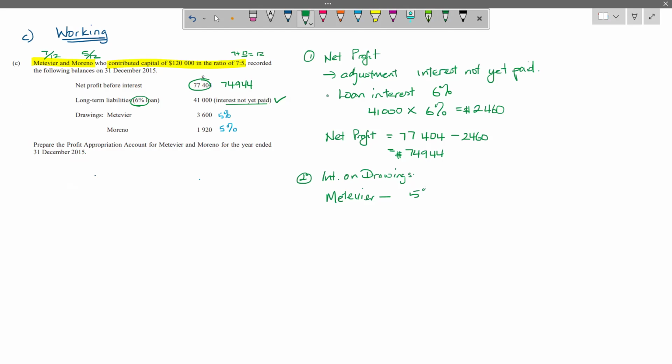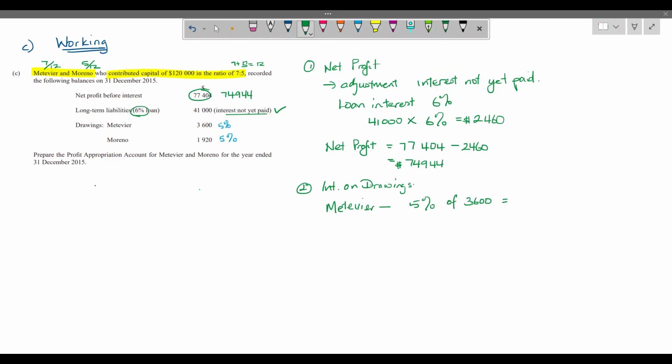We're doing 5% of 3,600. That works out to be 0.05 multiplied by 3,600, 180.